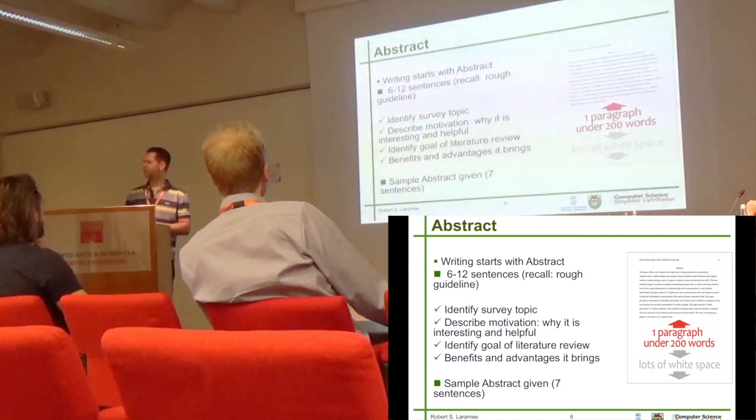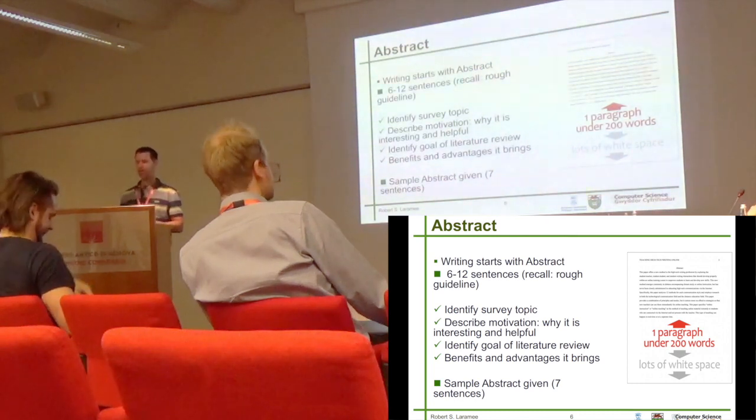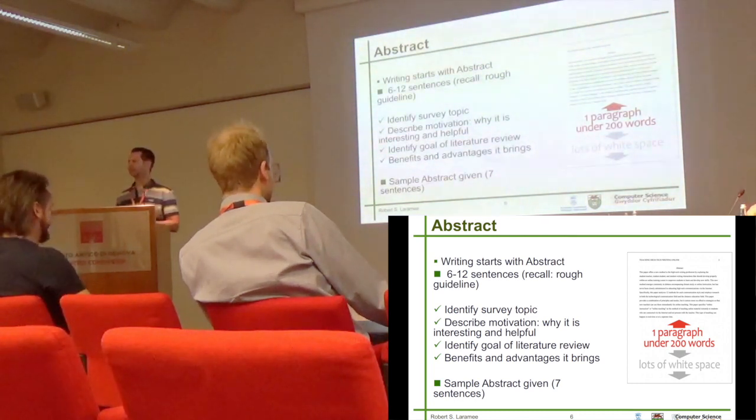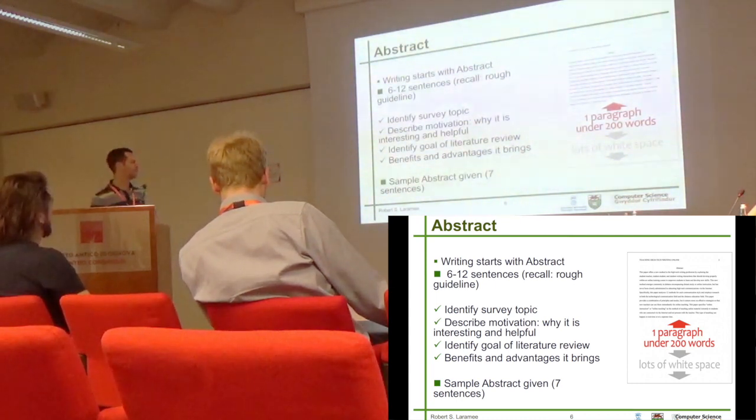It's roughly 6 to 12 sentences. That's a very rough guideline, by the way. In those 6 to 12 sentences, you have to do a few things. Identify the survey topic. Everybody knows that. You have to describe also why it's useful: what's the motivation for choosing that topic, and why is it helpful?